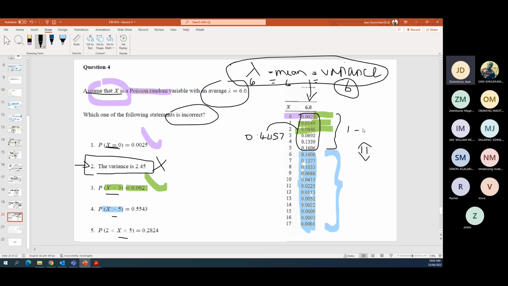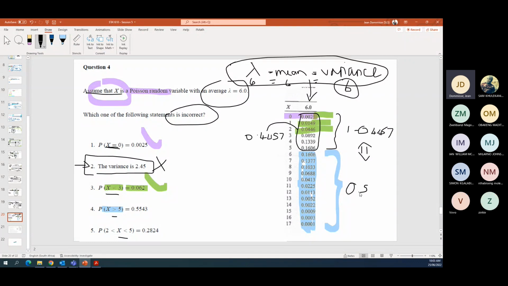So remember, I need to subtract 0.4457. If I do that, this part will add to 0.5543, which is that. You guys can test this one out as well to see what you get if you add all of that together. But for me, I rather add 6 things together than 11 things together.